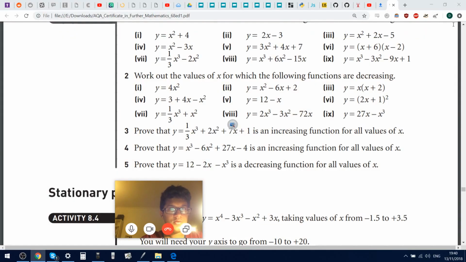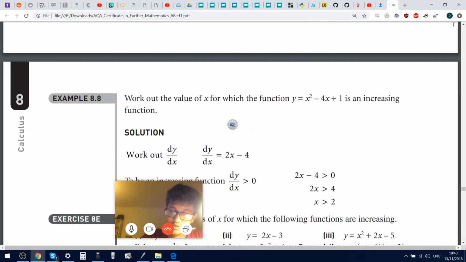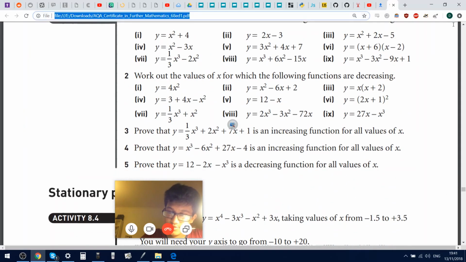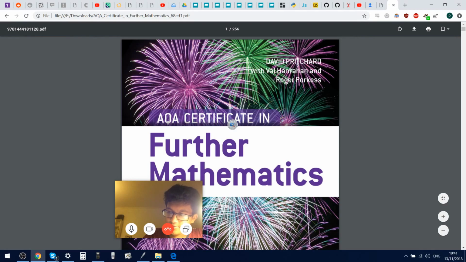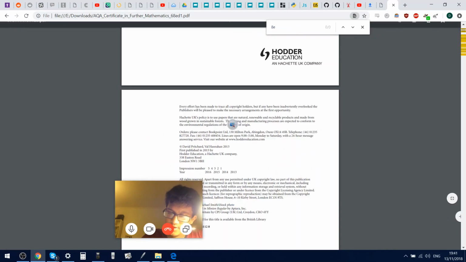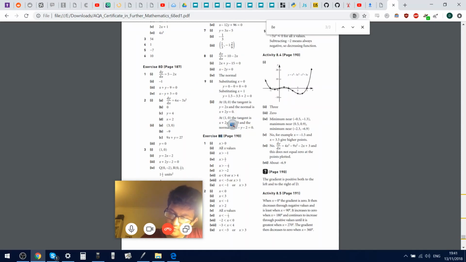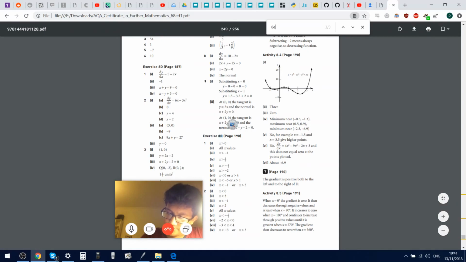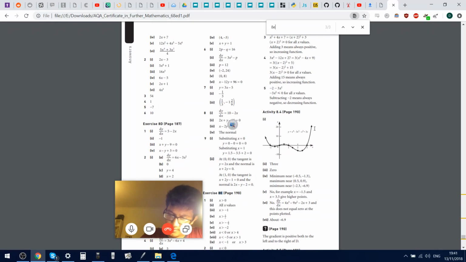Okay, sub in 2, see what you get. Y equals 2 cubed minus 6 times 2 squared plus 27 times 2 minus 4, which is 8 minus 24 plus 54 minus 4.